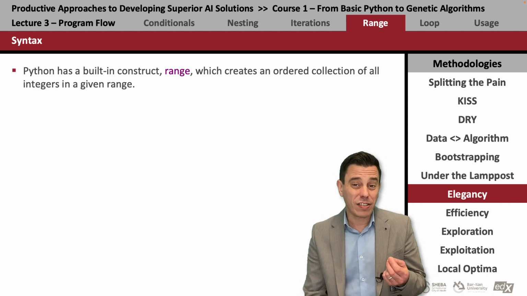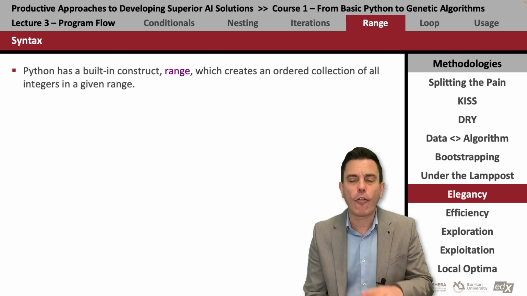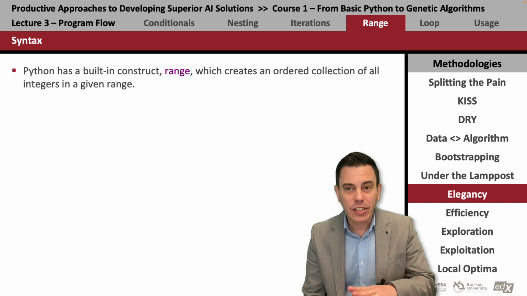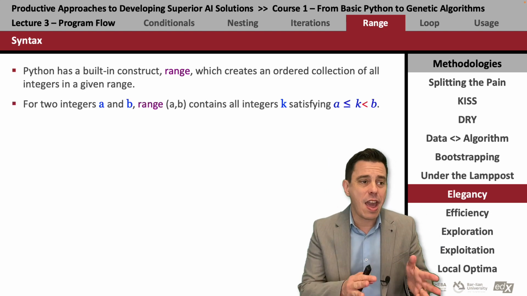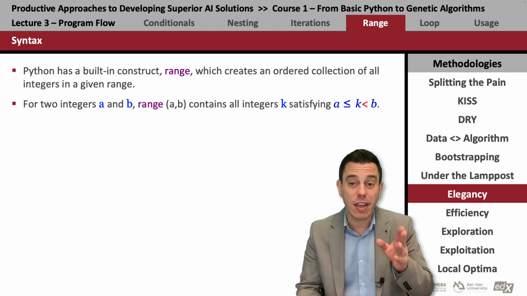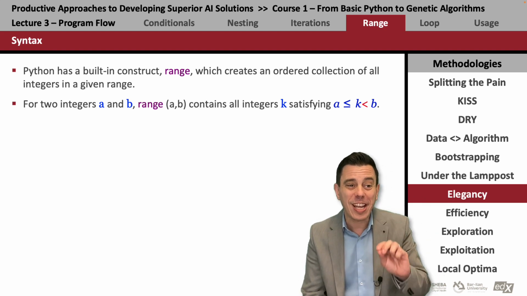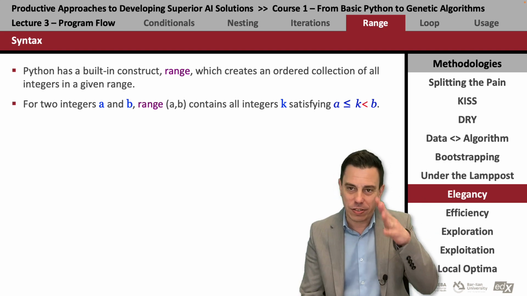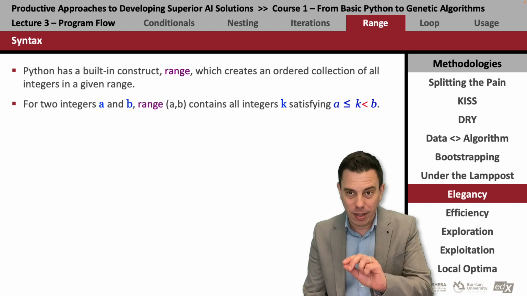It's a construct called range, which creates an ordered collection of all integers in a given range. For two integers, let's say a and b, range, and then in parentheses a, b, is an expression that contains all the integers, let's call them k, that are between a and b.